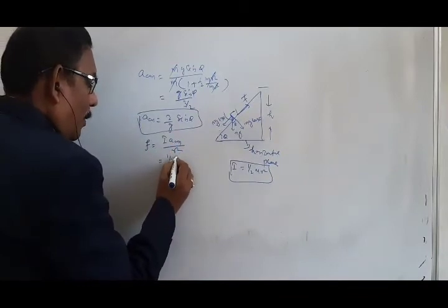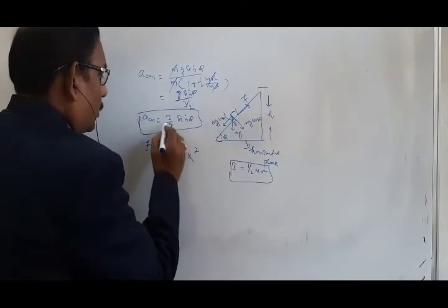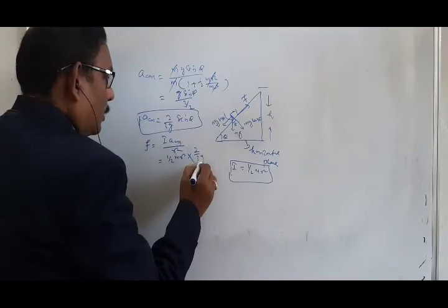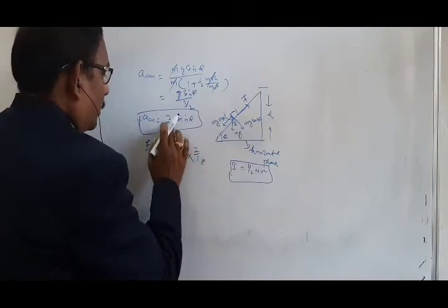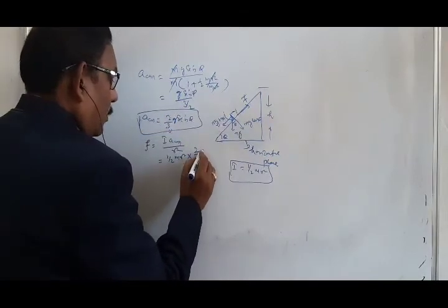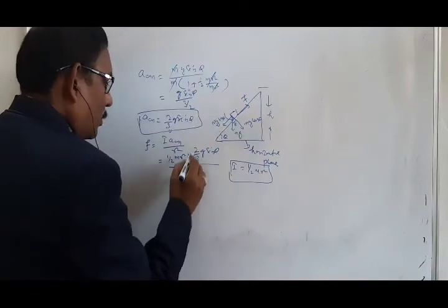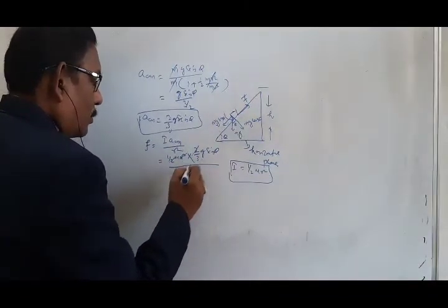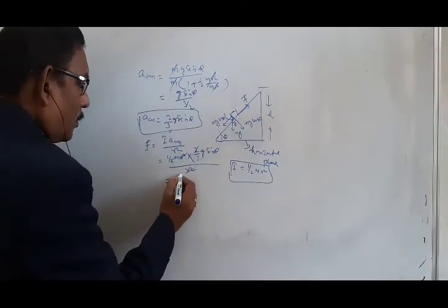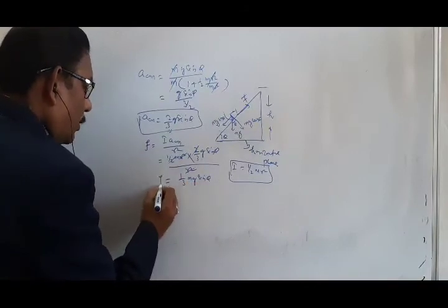I will use I = ½mR² and a_cm = (2/3) g sin θ, divided by R². The R² cancels, and it is simply F = (1/3) mg sin θ. This is the frictional force.